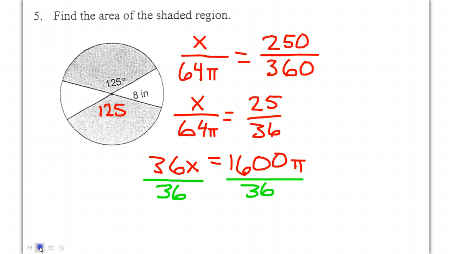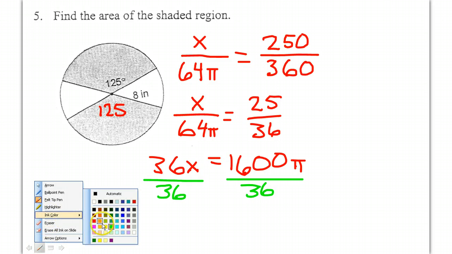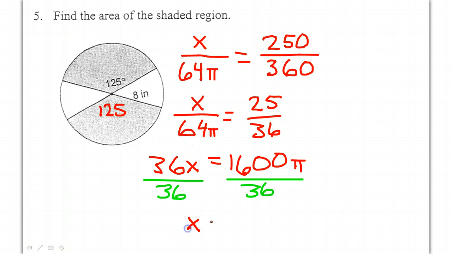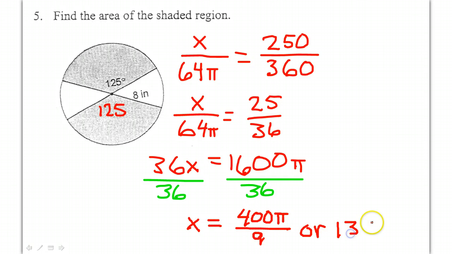And I'm going to get 400 pi over 9. Which is exactly what we got by doing it the other way. Of course, the decimal would still be 139.63. So that's the second way of doing problem number 5. You take your pick. The end.